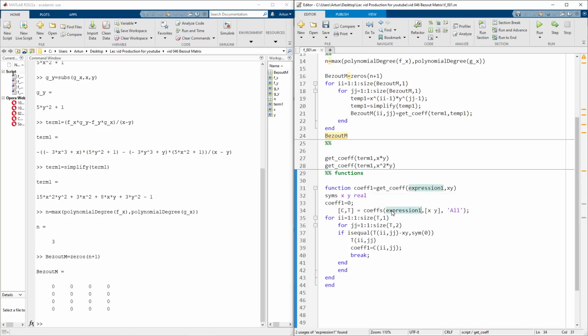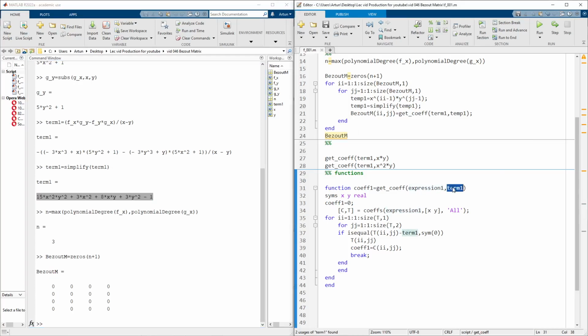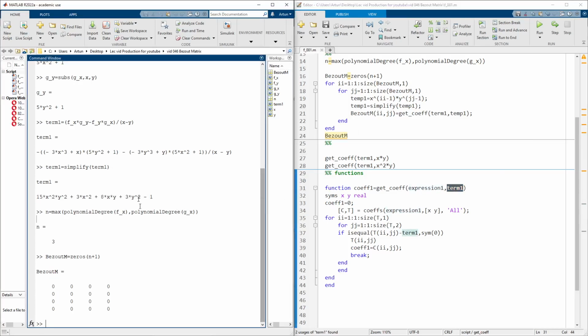I don't want to just directly say expression, and here I'm going to call it term 1. Okay, that's great. So you have some type of expression, and this is our expression, and you have some type of term. For example, y squared is your term.